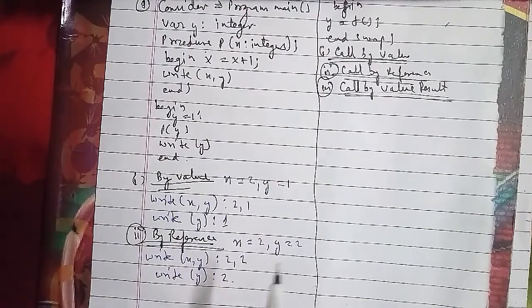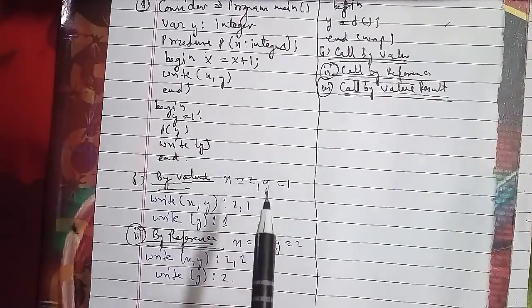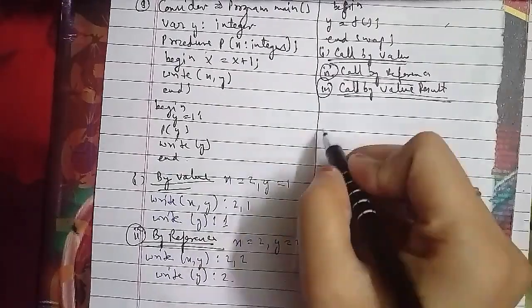Suppose I equals 1, and a of 1 equals 2.